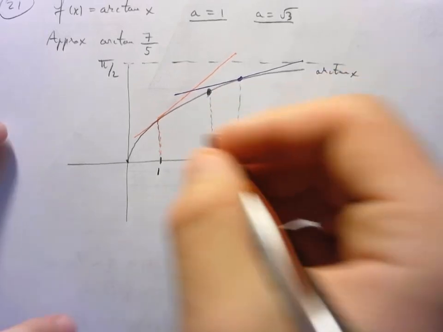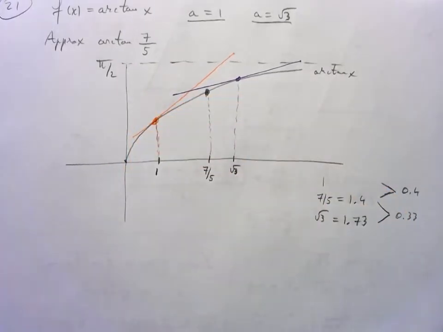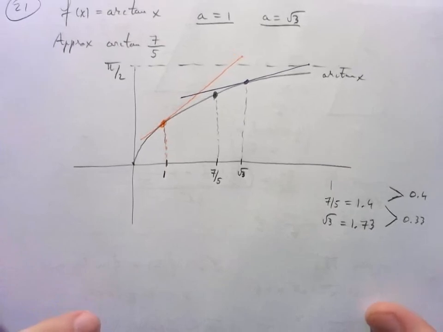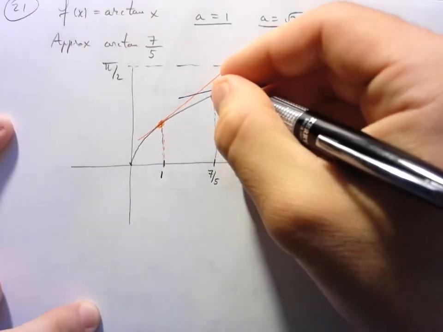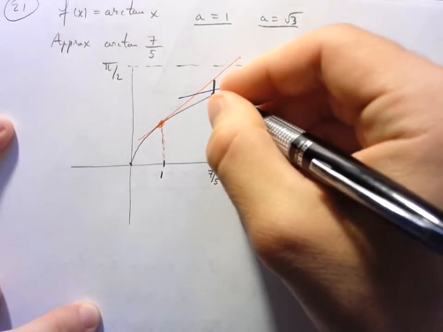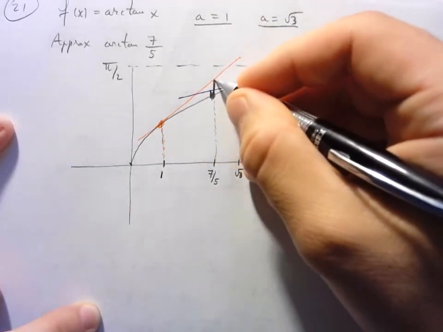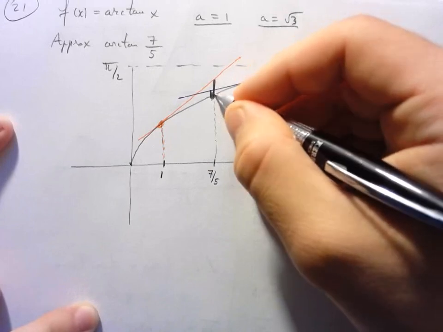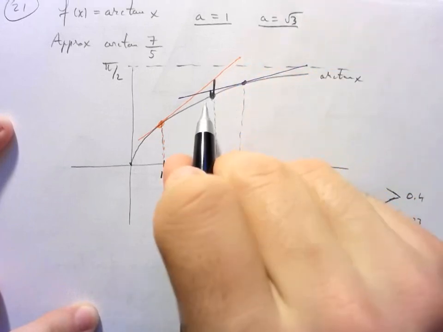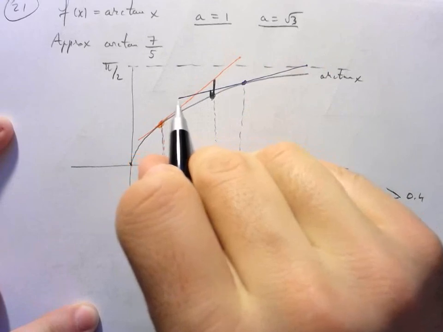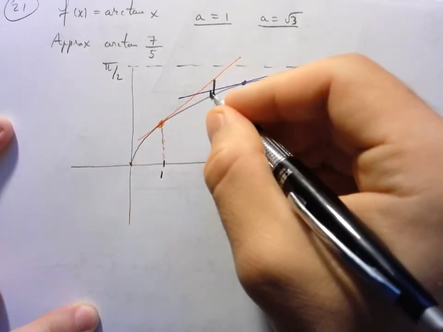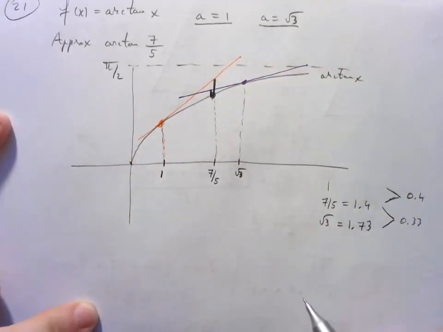So let me just make that clear over here. Now when I project these lines, right, the approximation is given by the distance between this and the function. So notice I have a much larger error for the a equals 1 than I do for the a equals root 3, because this tangent line is closer to my point, right? The purple tangent line is closer to my point. I'm not sure if you guys can see color in the video over there.